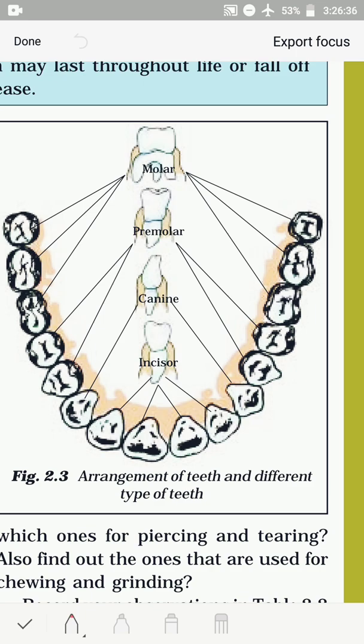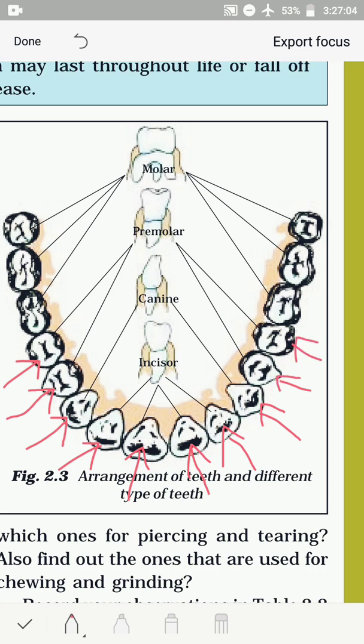So first, incisors. These four are called incisors. Next to this side one, the other side also one. These are called canines. After that, these two, one side, the other side also, two are there. These are called premolars.